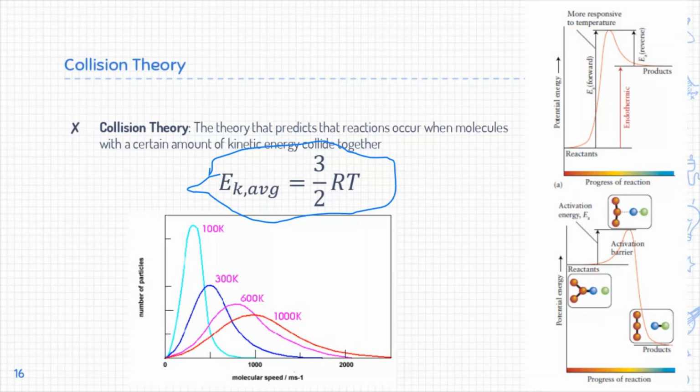What's another thing from gas laws we need? Well, that's the Maxwell distribution, or the Maxwell-Boltzmann distribution, whatever you want to call it. See how the average molecular speed increases as the temperature increases, and the intervals of molecular speed become wider. And you know that speed is related to kinetic energy.